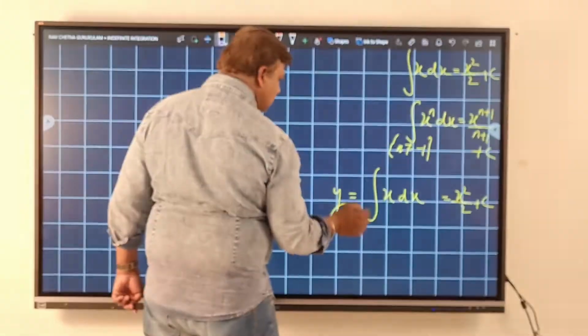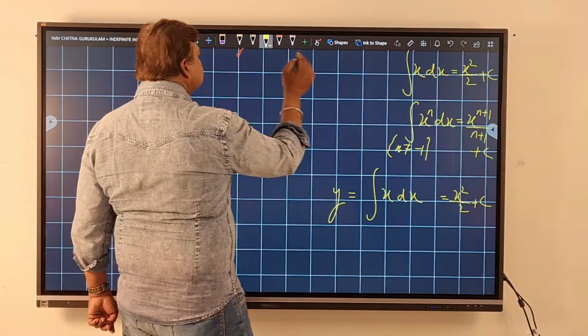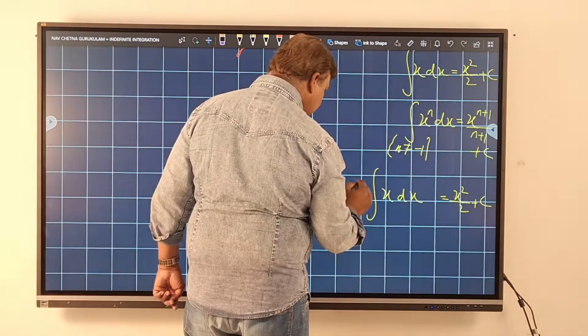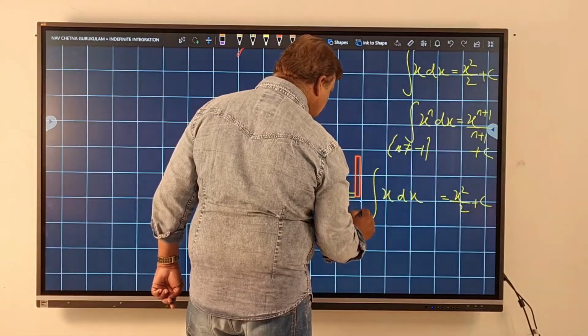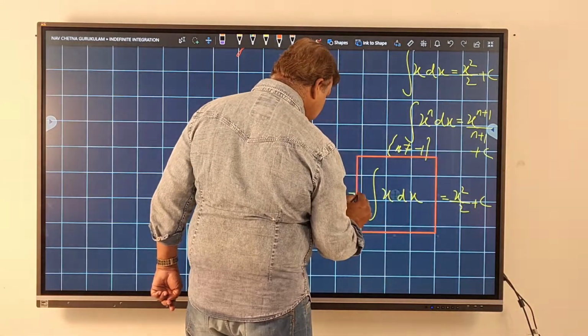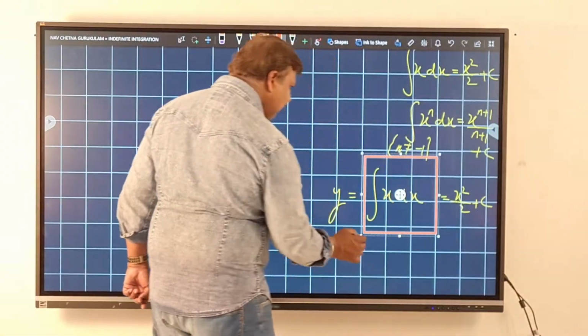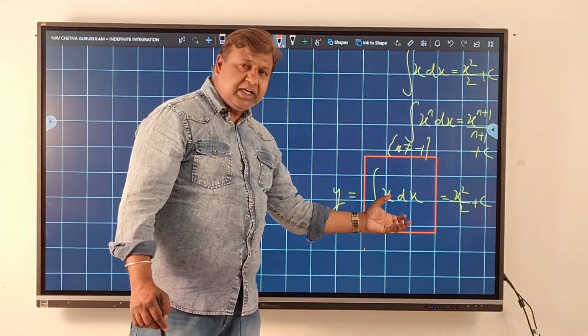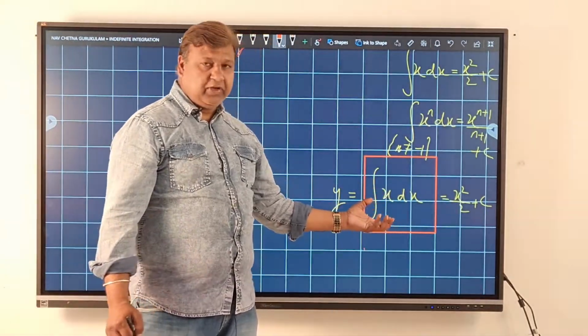Here I would consider this. Okay, so this is the function. This function I'm actually graphing out.